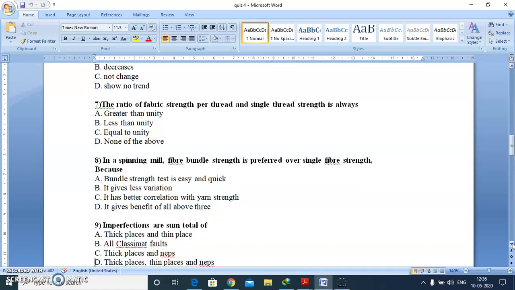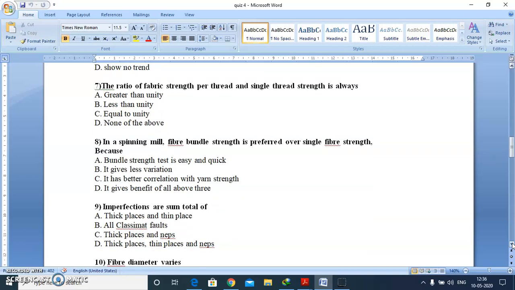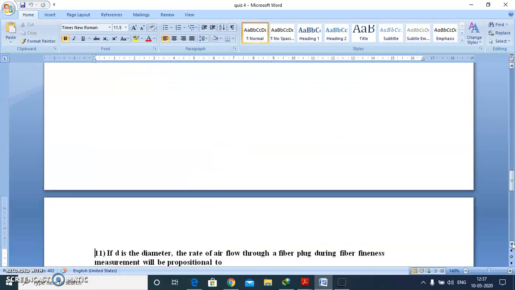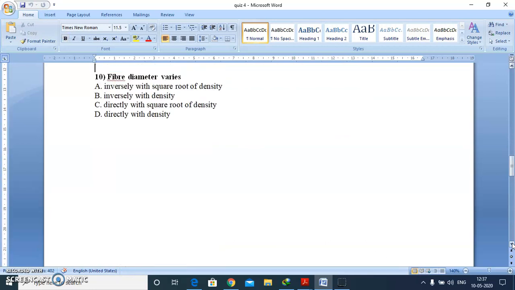Now the next question is, imperfections are sum total of, we all know that imperfections are sum total of thick place, thin place and neps, so we'll go with option D here. Now the next question is, fiber diameter varies.